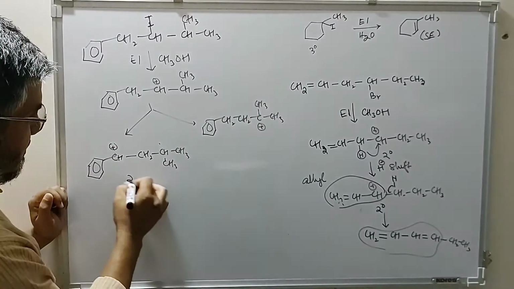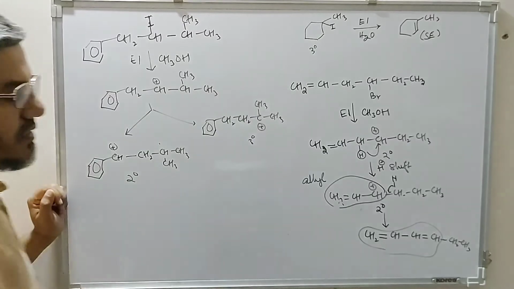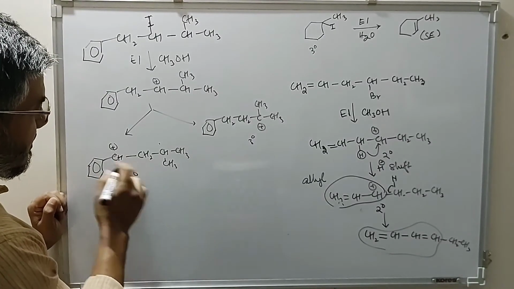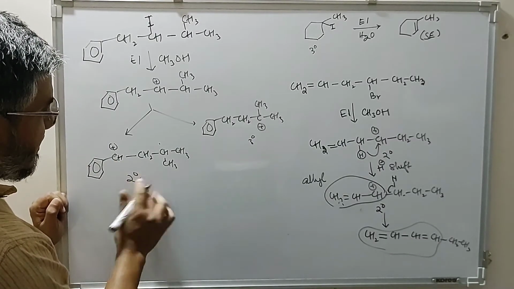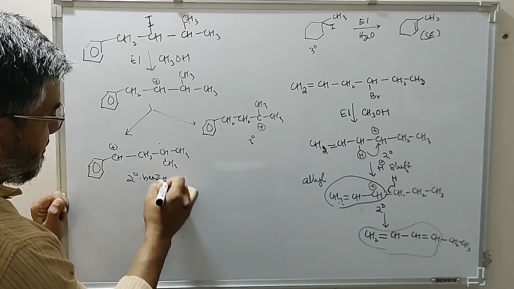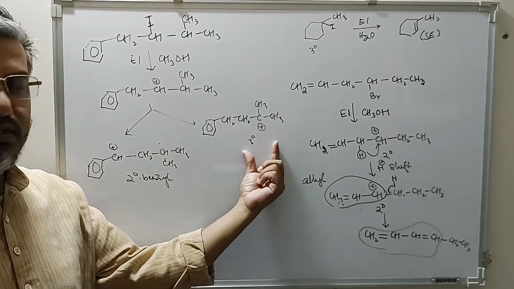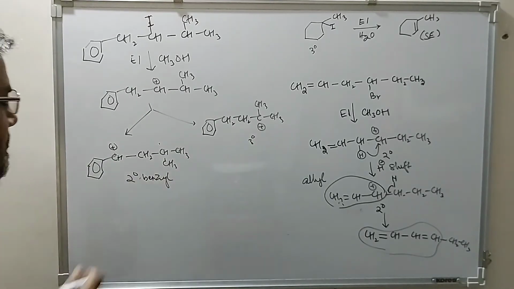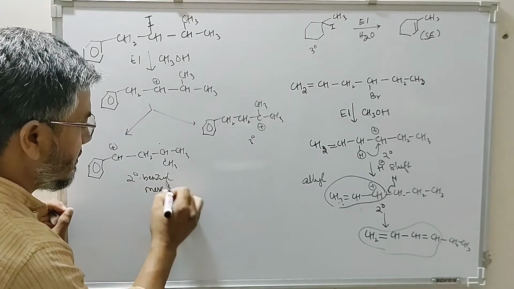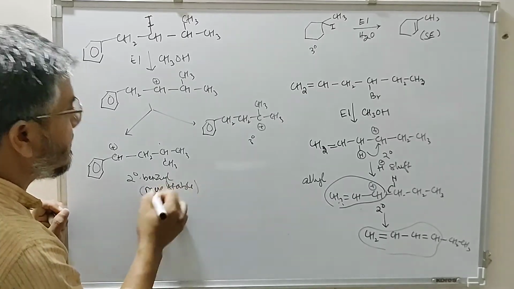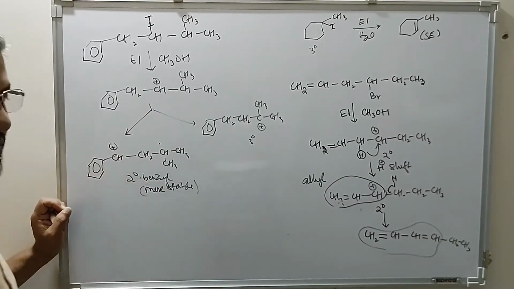Now this is secondary, this is tertiary, but this is secondary and benzylic. So secondary benzyl is more stable than this tertiary alkyl group. So this is more stable, and this cation will be rearranged to this more stable cation.